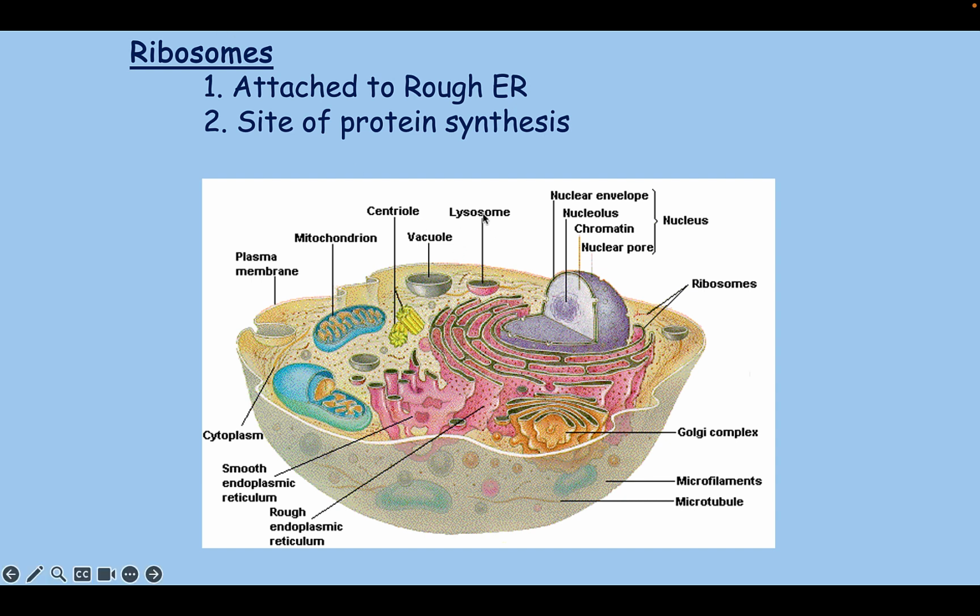So it may make a protein that's included inside of this organelle, like in the lysosome. It may make a protein that's meant to be exported to leave the cell. So it can include something that's going to be in an organelle, or it can produce something that's going to be exported outside the cell.